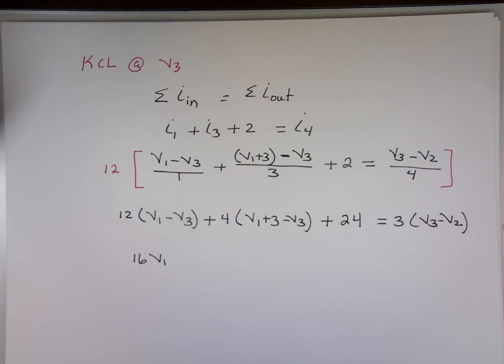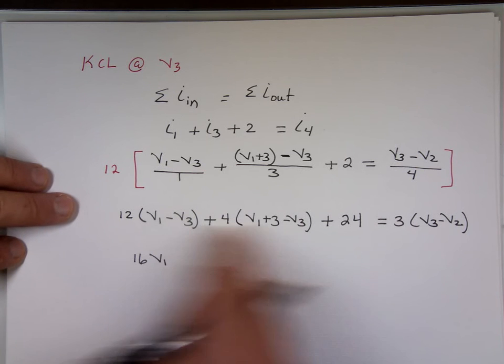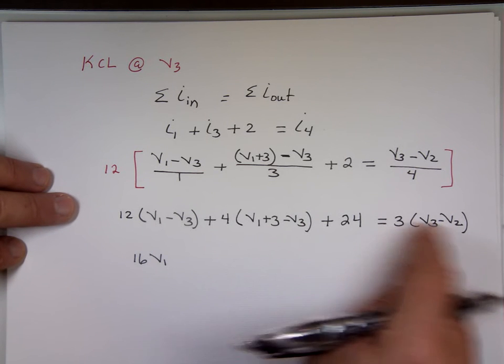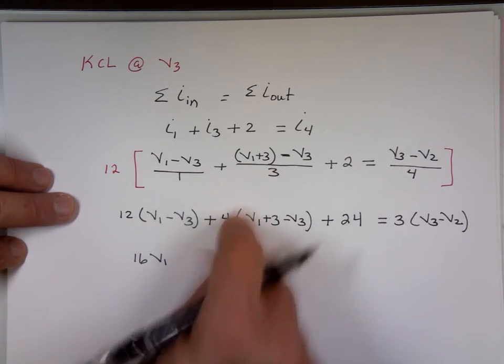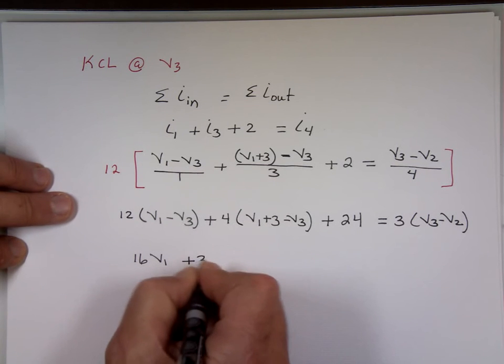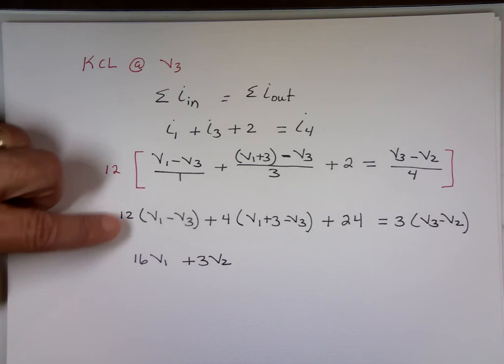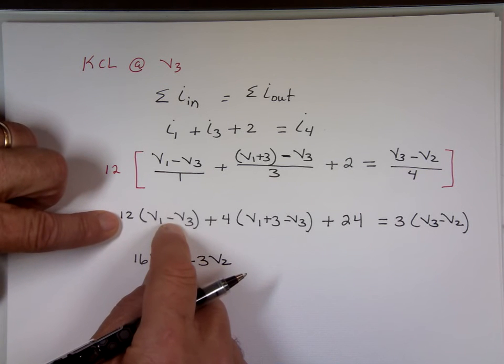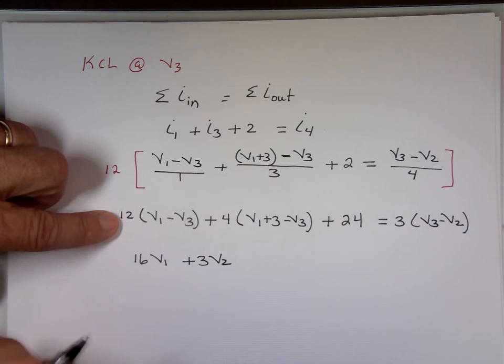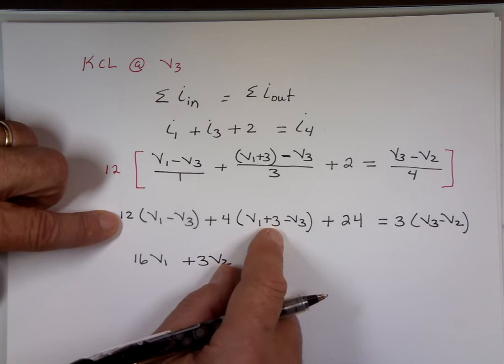Nothing here, nothing here, there's that one. 3 times, that's a negative 3. Bring it to this side, plus 3. For V3, I got negative 12 here, negative 4, that's negative 16, and negative 3. 16 and 3 is 19.